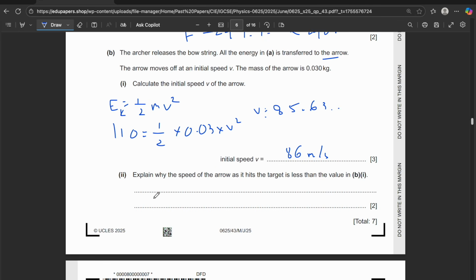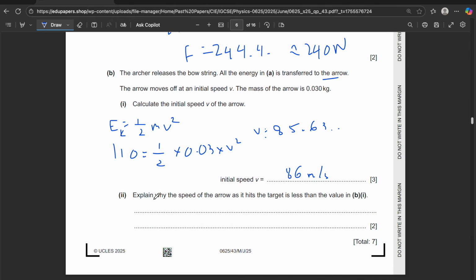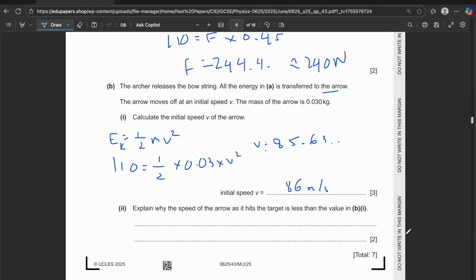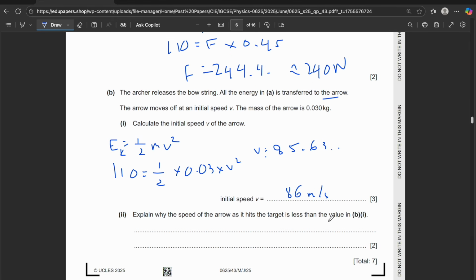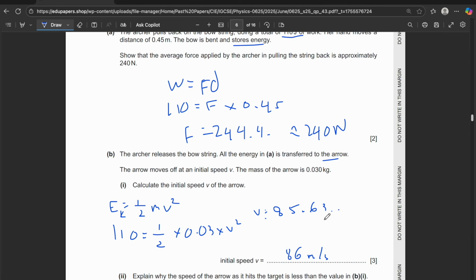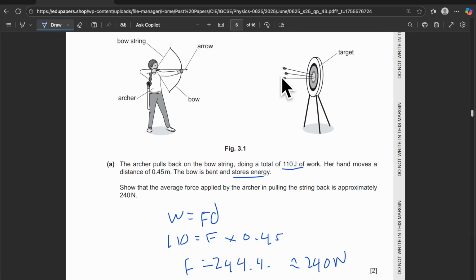To explain why the speed of the arrow as it hits the target is less than the value in B1. Along the whole process, the kinetic energy will not be constant. This energy will have to be transferred to the surroundings.